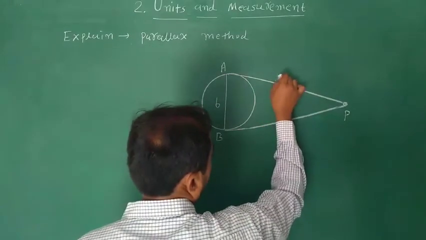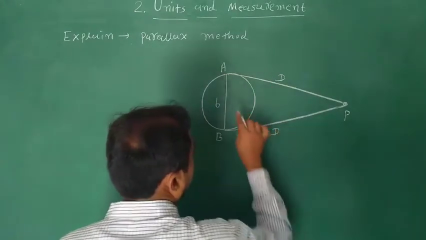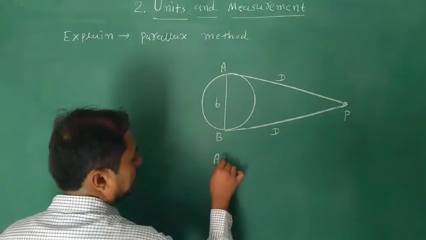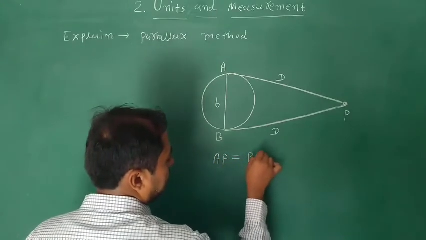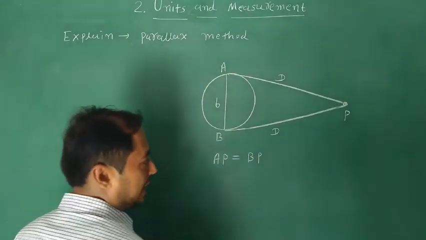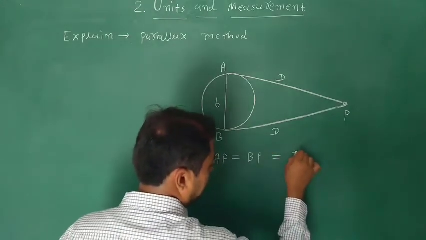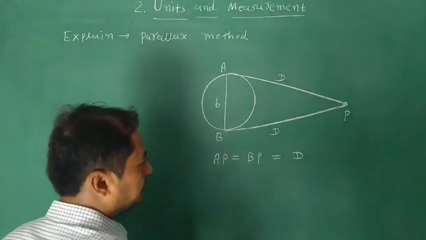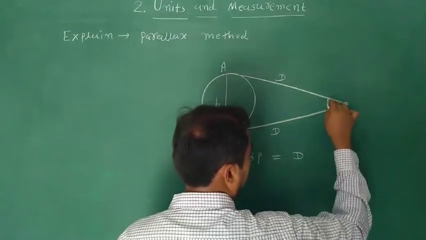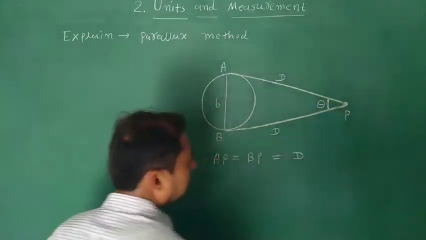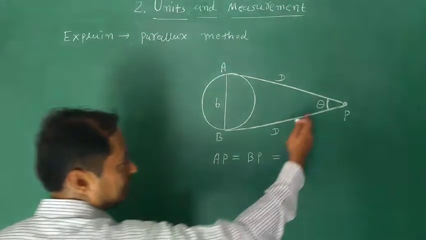Here AP and BP are the two observer directions and the distance between them is denoted by capital D. Friends, here the angle is theta. Theta is the parallax angle.